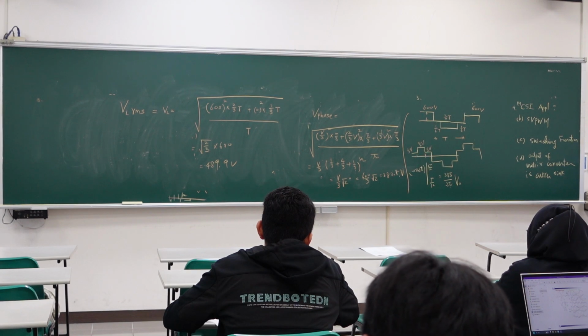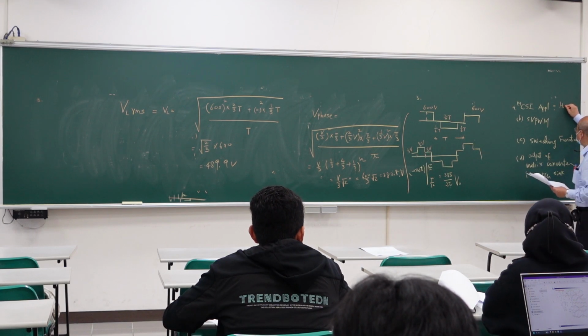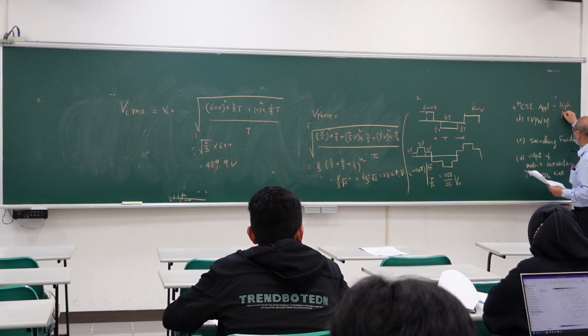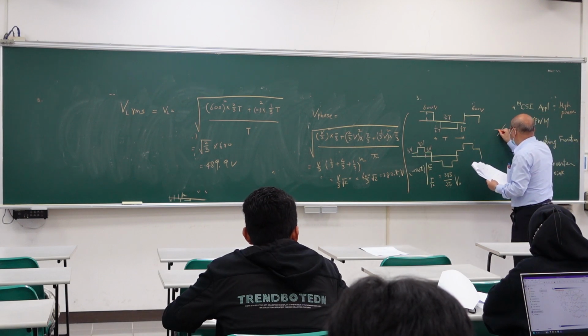the fourth question. So what is the application of CSI? The answer is high power. So what is SVPWM? We have 6 regions.